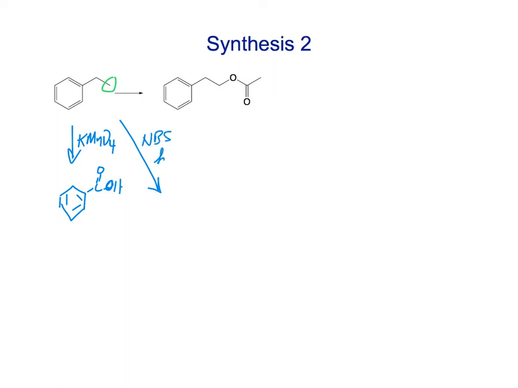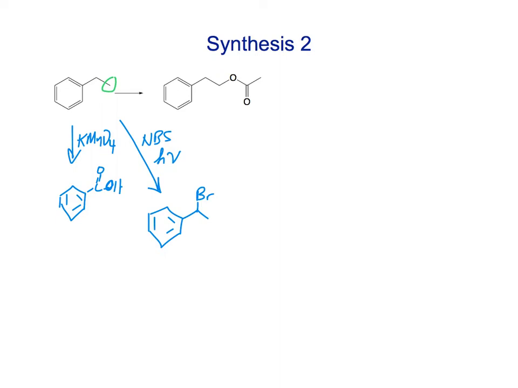All right, so what if we start the same way as we did before, and we brominate at the benzylic position? From here, what we really need to be able to do is move our functional group out to the primary position, out to the end, right? Could you do an elimination and then a hydroboration oxidation?